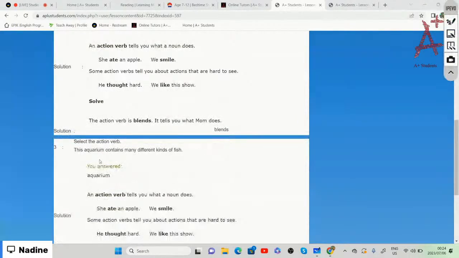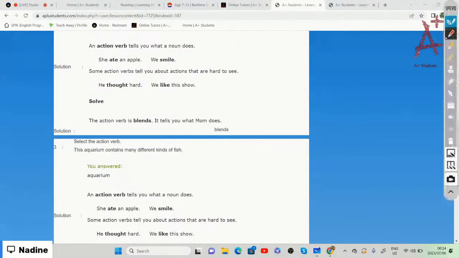The aquarium contains many different kinds of fish. We need to choose the correct action verb. All right, so the aquarium contains many different kinds of fish.